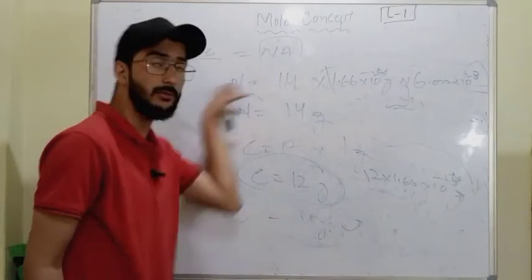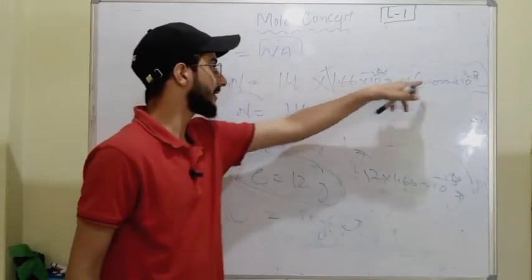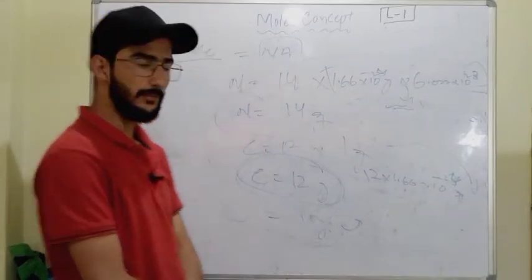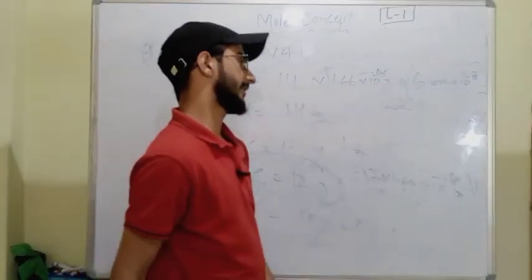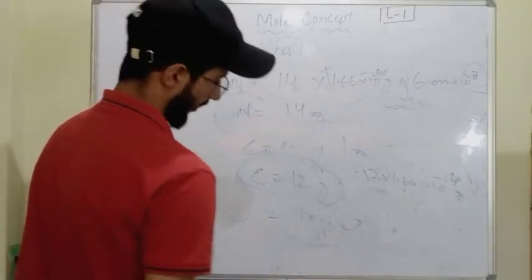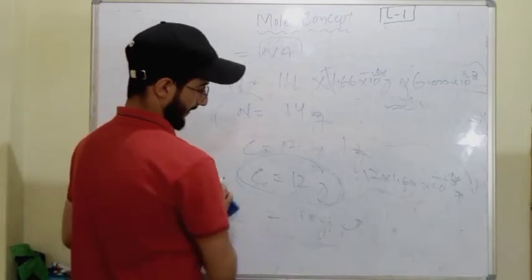The mass of 1 mole of atoms, which means 6.022 into 10 raised to the power 23 atoms, is the gram atomic mass, which is simply 12 grams.